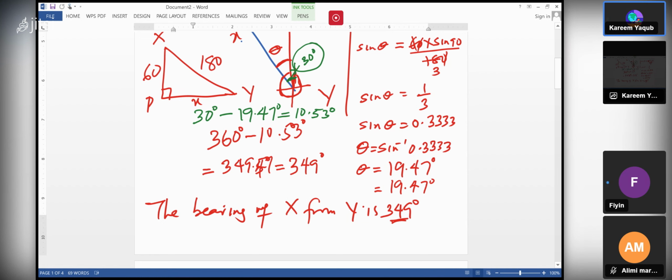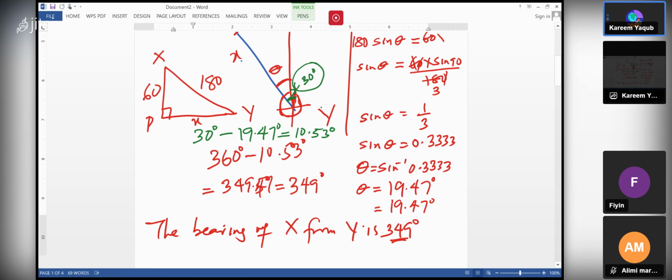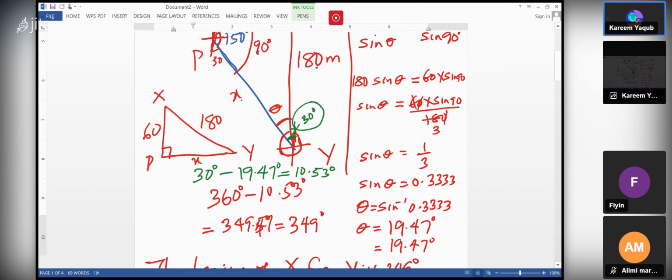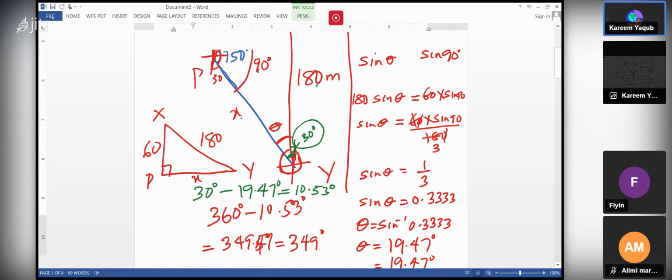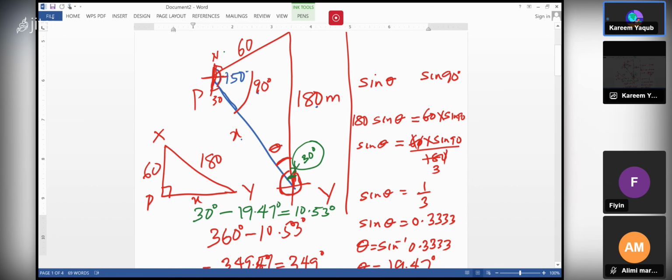Why did I minus it? I minus it because the small angle we have at P here is 30 degrees. It is alternate angle to this 30 degrees, the one I am pointing at here. And we got this part here to be 19.47.